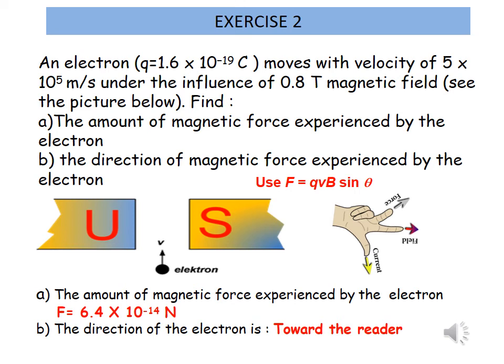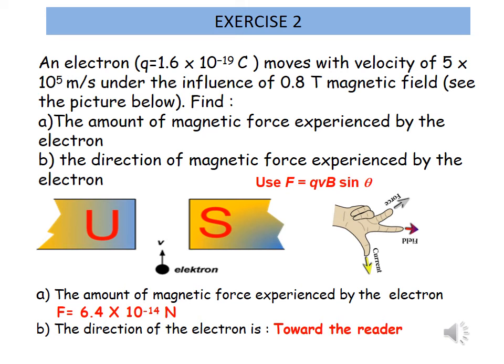And to find the direction of the magnetic force, you just use right-hand rule number 2, I, B, F. The direction of the current I follows the direction of the thumb, the direction of the magnetic field follows the index finger, and the direction of the force follows the middle finger.